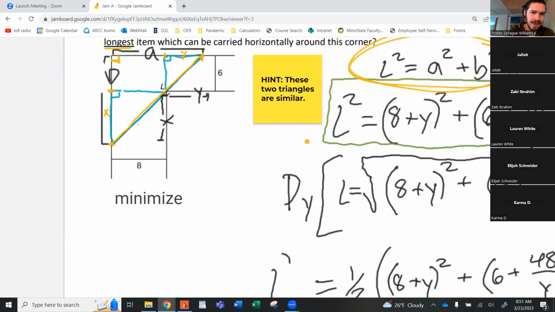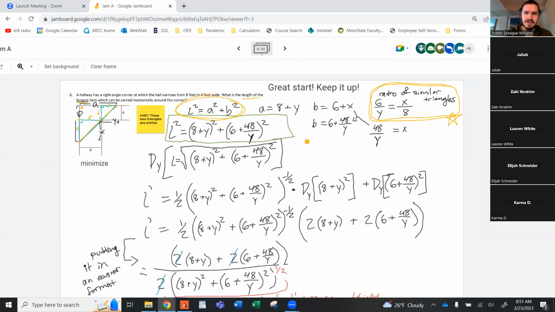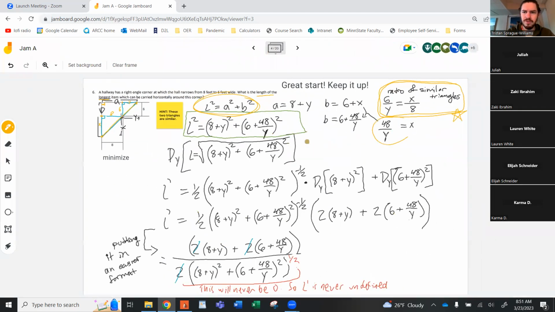We have that the X to 8 ratio is the same as the 6 to Y ratio. And then that allows us to solve for X, substitute back in, and get that L as a function of one variable.